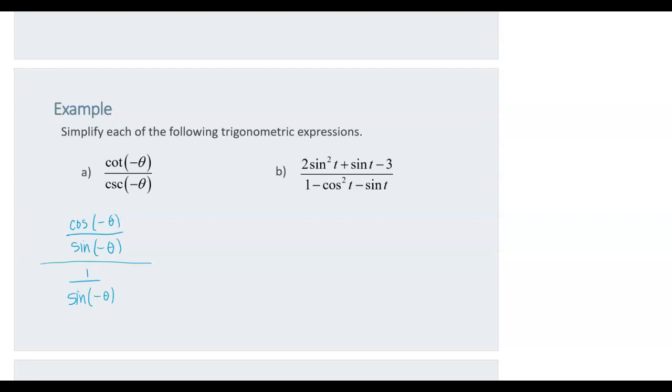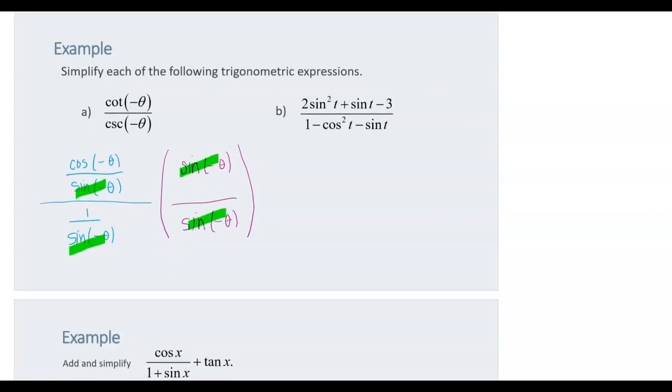Okay, this is called a complex fraction. I have a fraction with two fractions within a fraction. So I'm going to multiply everything by sine of negative theta over sine of negative theta. By doing that, this is going to cancel and this is going to cancel.